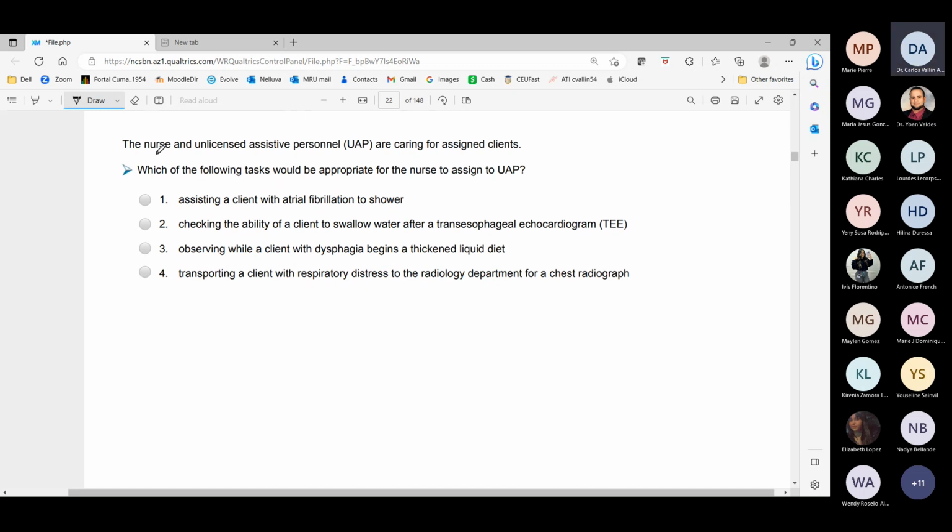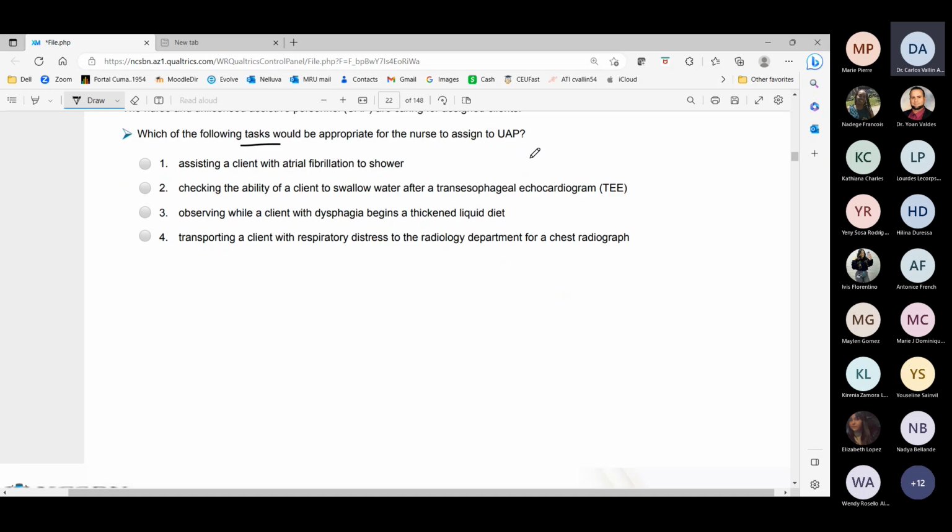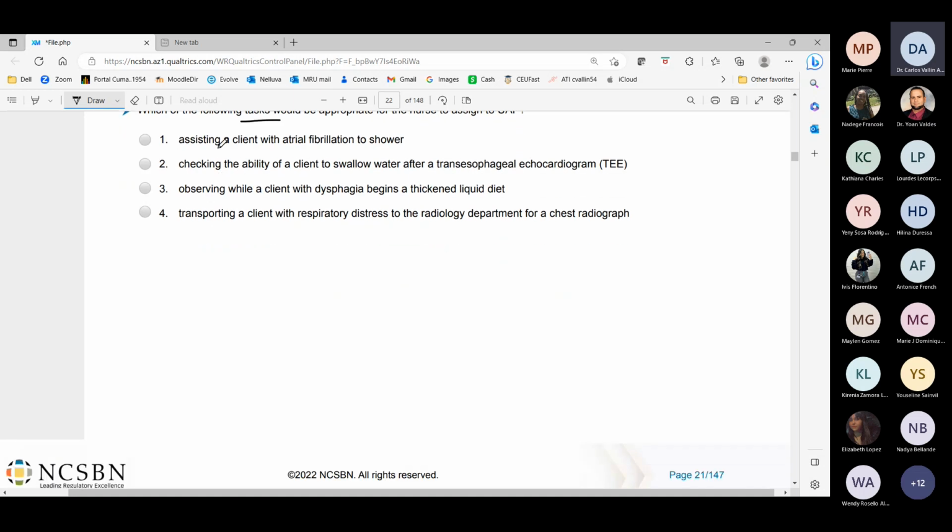The next question. The nurse and a CNA, unlicensed assistive personnel, are caring for assigned clients. Which of the following tasks would be appropriate for the nurse to assign to the CNA? A question of delegation, which is also management. The most important component of assisting a client with atrial fibrillation to have a shower. No, the client is going to be in a shower, taking a bath with atrial fibrillation.